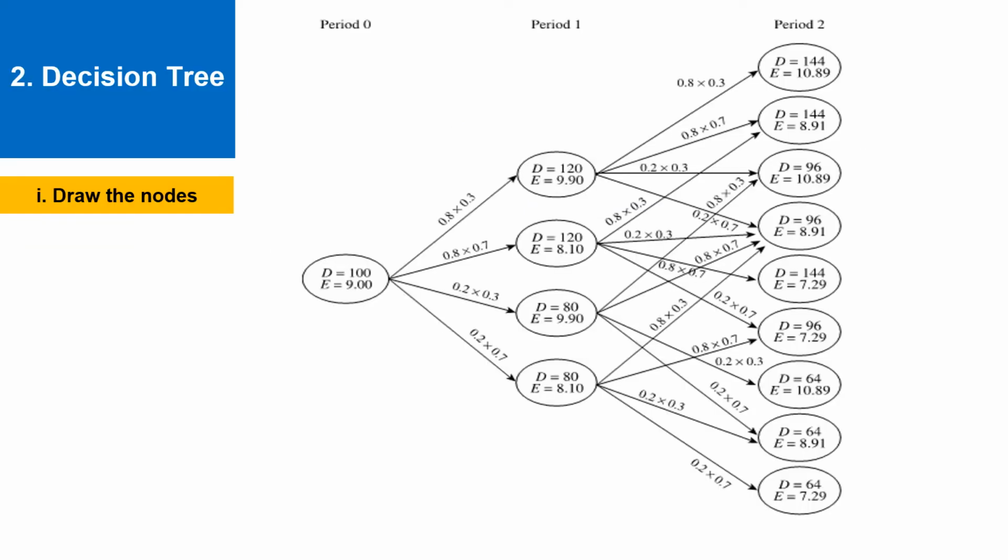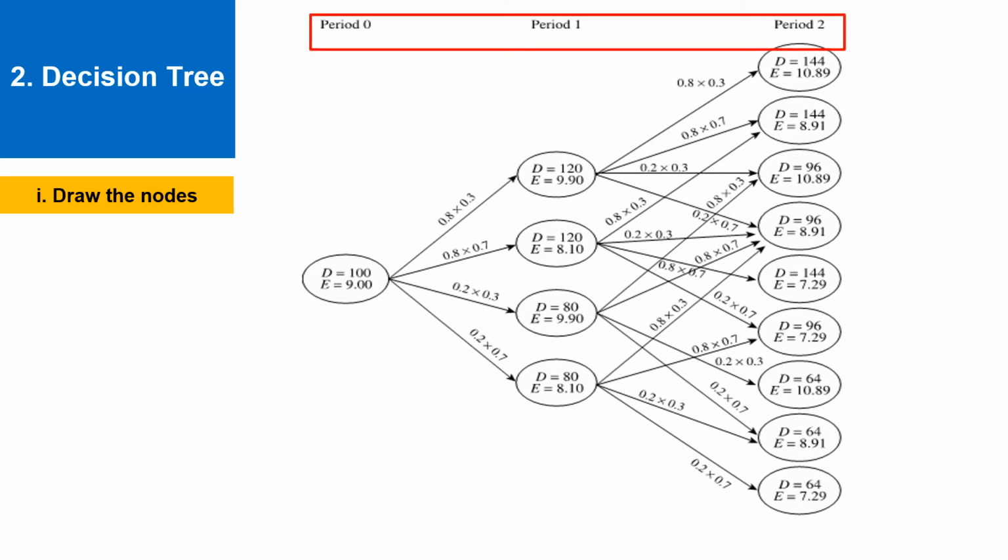The first step is to draw the nodes of the decision tree. So there are 3 years, which are period 0, the current year, and then the next year, the period 1, and the next 2 years, the period 2. So first, for period 0, there is only one node because that's our current situation where the demand is 100 and the exchange rate is 9.